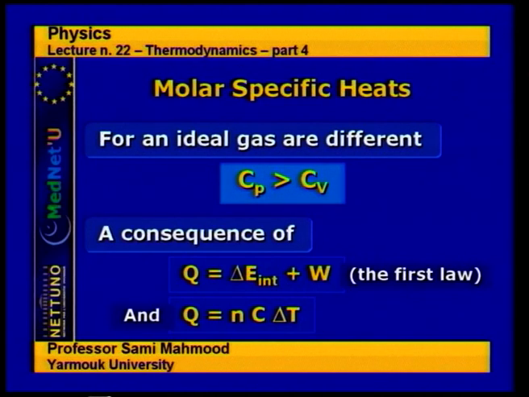So in any case, the heat is defined as the number of moles of the gas that we are studying times its molar specific heat, and molar specific heat could be either Cv or Cp depending on the process, times delta T.